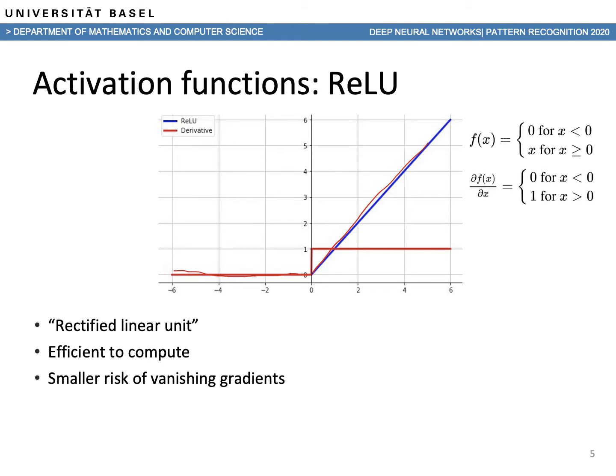And if we look at the derivative, it's also very simple to compute. It's 0 if x is below 0, and 1 above. But what you also see here is that it's not well defined at 0, which is a problem in theory, but in practice, it turns out that in fact it's not a problem at all.